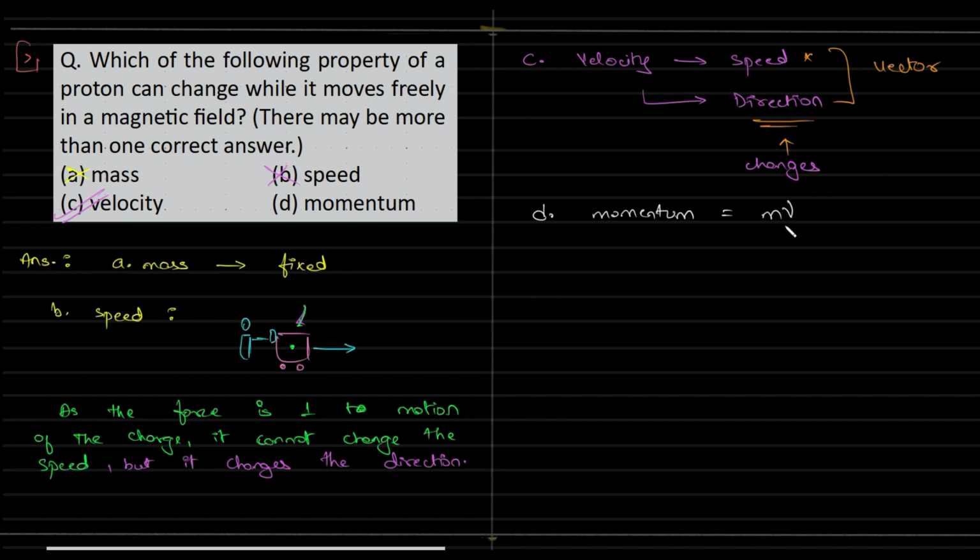Since the velocity is changing, and momentum is a product of mass and velocity, and this too is a vector quantity, yes, even the momentum will change. So the answer is option C and D. Okay, so this is your answer.